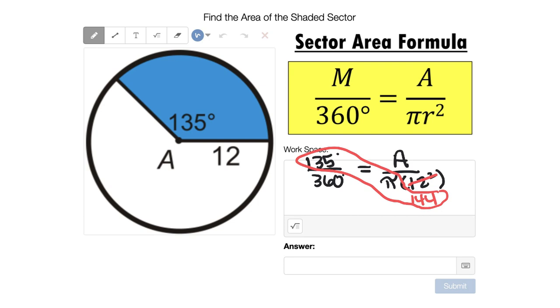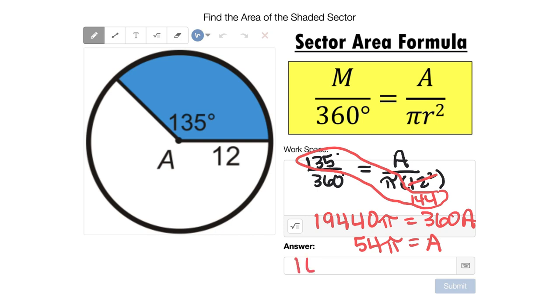I'm going to cross multiply. 135 times 144 is 19,440 pi equals 360 times the sector area. When I divide, that gives me 54 pi equals the sector area. Multiplied by 3.14, 169.56 would be my answer.